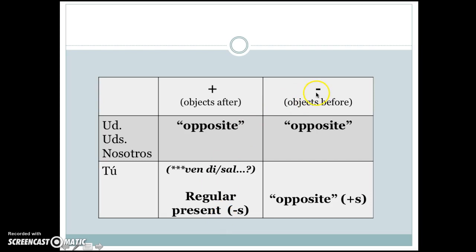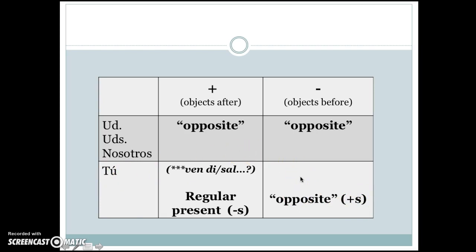If it's a negative informal tú command, it's formed differently. We use the same opposite ending, except we add an S. Just like here, we have the opposite ending with an N, opposite ending with a mos. Here we have opposite ending with an S because we're dealing with tú as the subject.